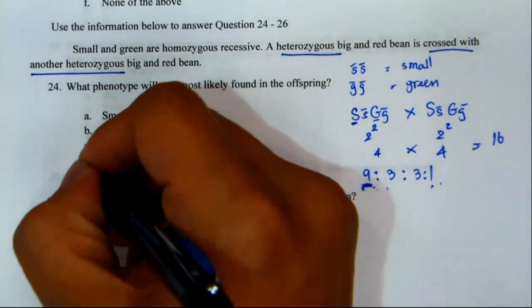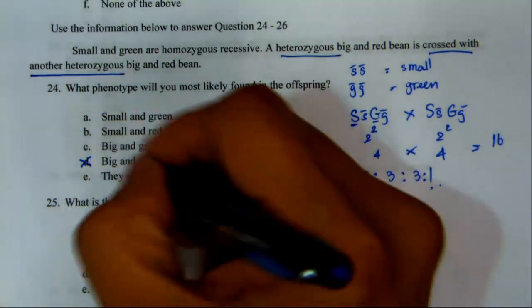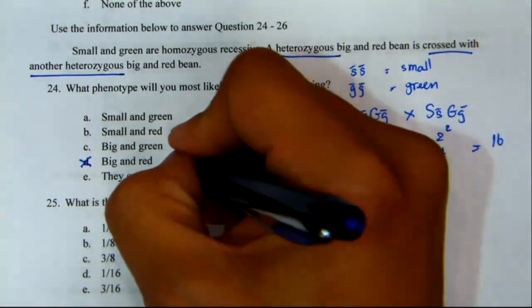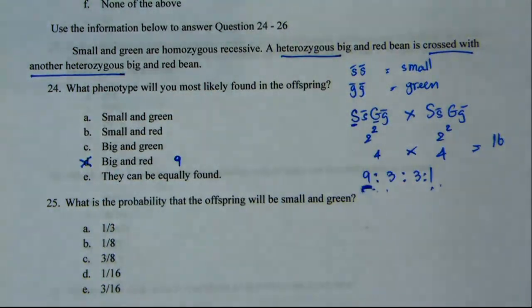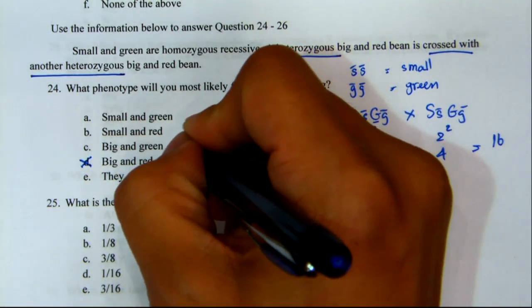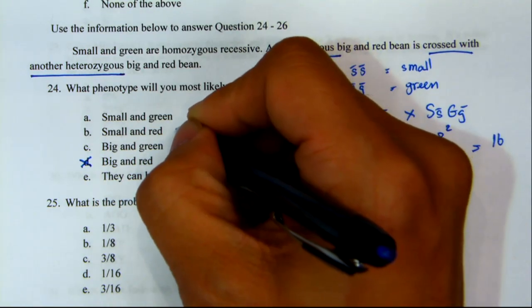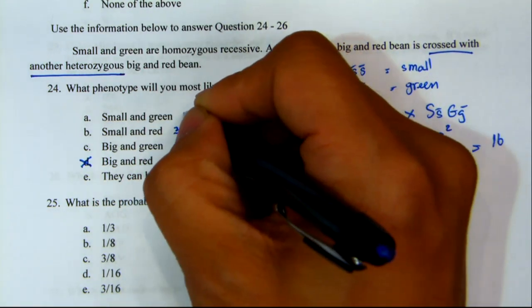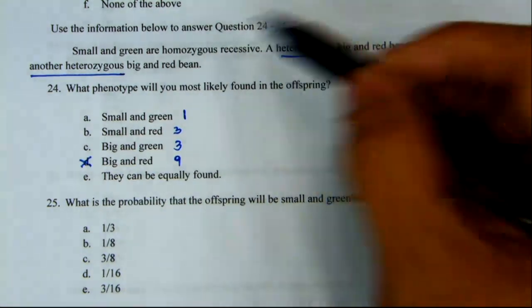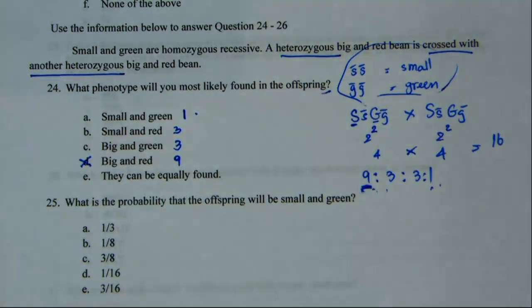So the answer to this is big and red. Basically big and red would be 9. Big and green would be 3. Small and red would be 3. And small and green, which is the recessive here, is the least likely found.